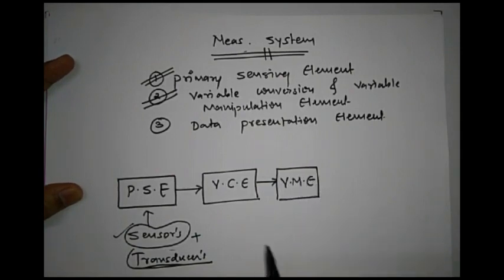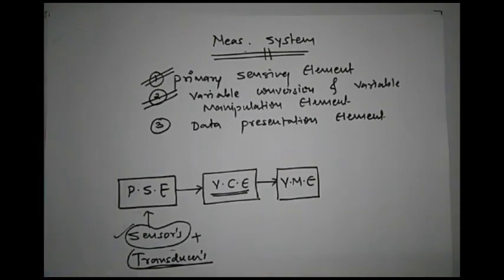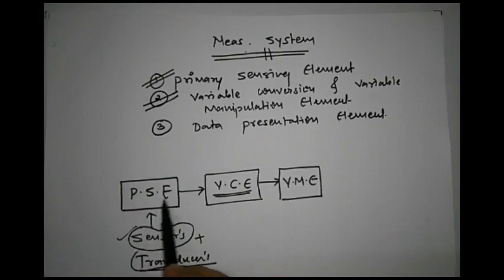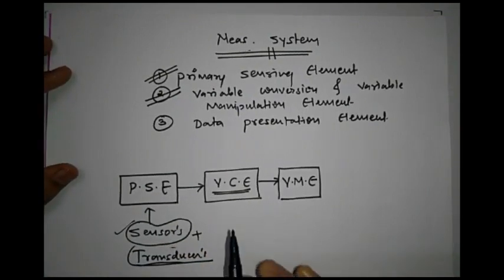Now, what is the function of the variable conversion element? It is basically used to convert the value of the input signal, which is the output of the primary sensing element, into a suitable form which is accepted by the next stage of the measurement system.